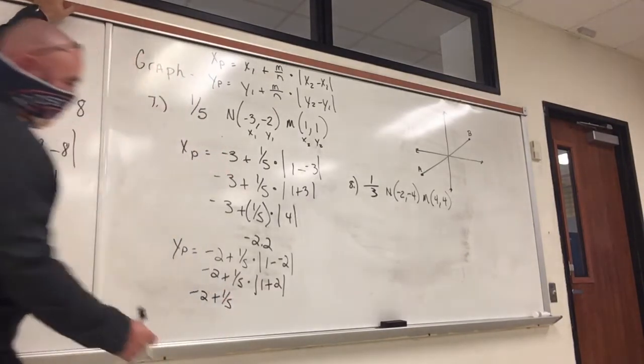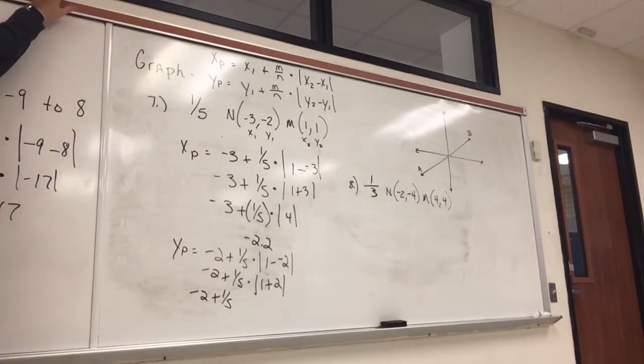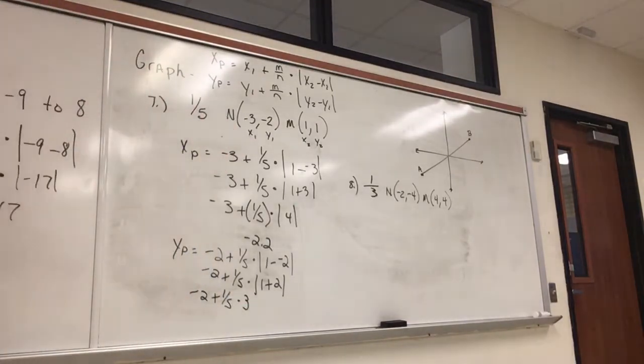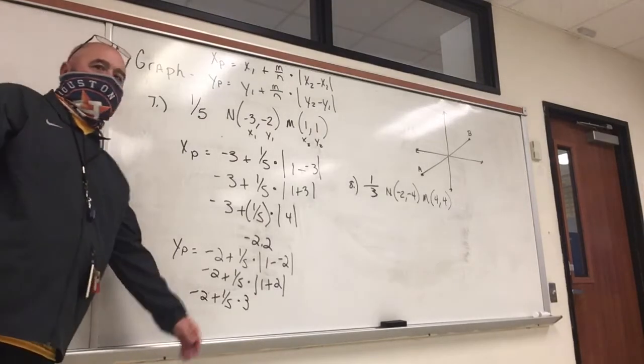Do I need to write that as absolute value of 3, or can I just write down 3? Times 3. Everybody take a handy dandy calculator.